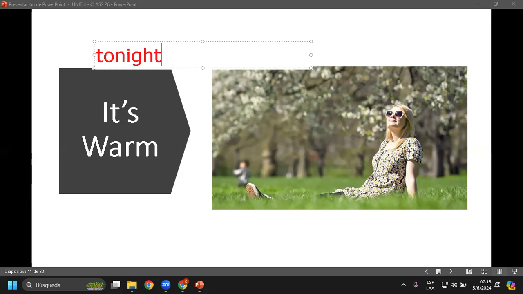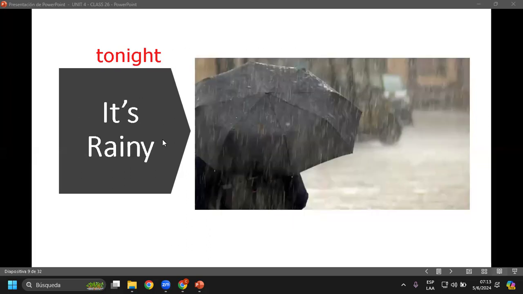Oh, really? Okay. So look, we have rainy weather. Yes, it depends. In my house, it's hot. Y hay días que, it's rain or it's cool. All right, a lot of changes.